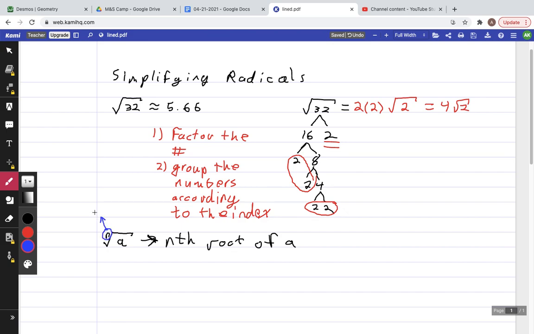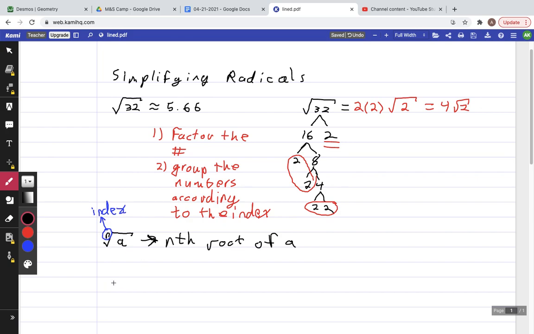And that index, I apologize if you hear my cat in the background, that index, it tells us the size of our groups. So this tells us how big of a group we need to have.